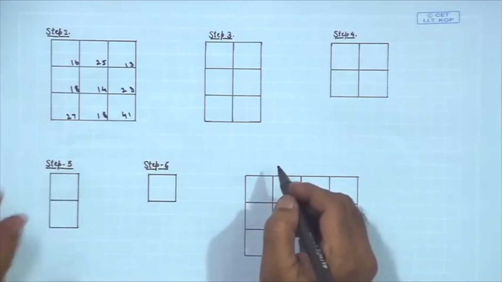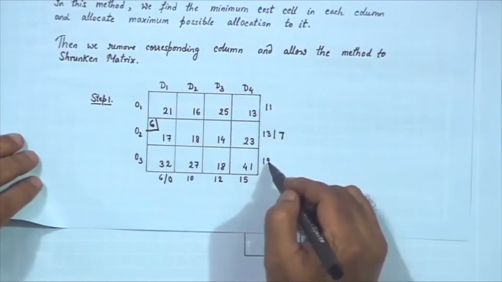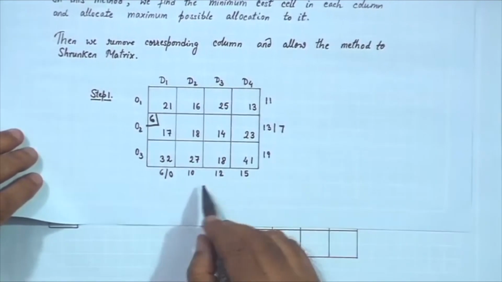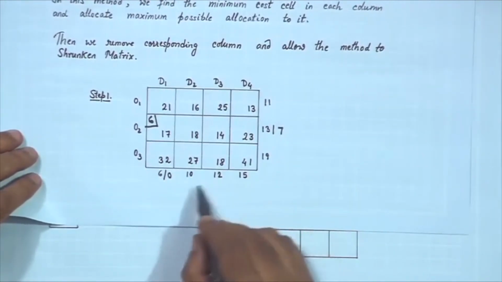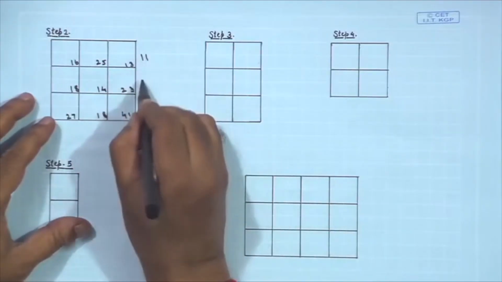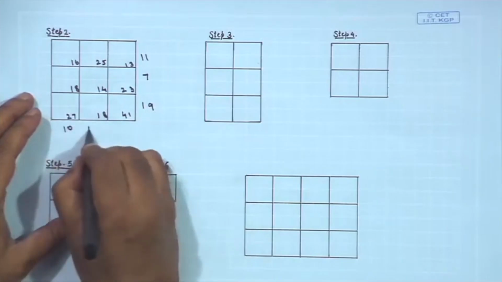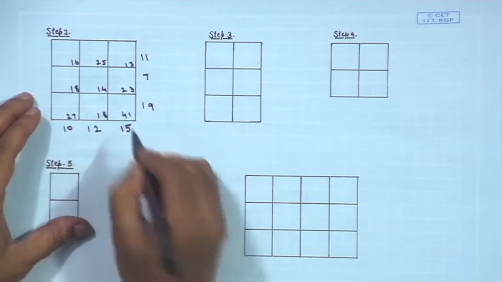Your allocations are, in this case it is 11, 7, 19 here, this is not there. So, on this side it will be 10, 12 and 15. So, you are writing this 11, 7 and 19 and here it is 10, 12 and 15.